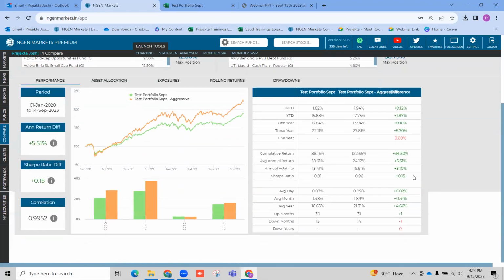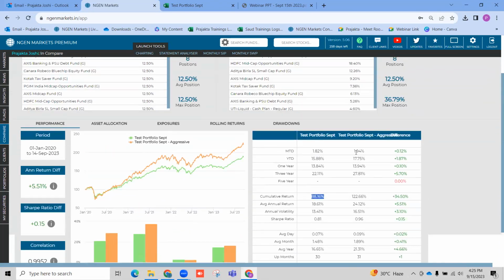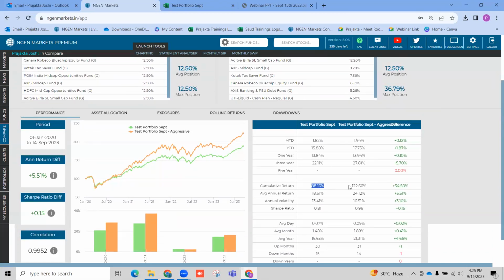So if you want to highlight the original or the cumulative, absolute differential between the two portfolios, that's tabulated right here. Over a 3.5 year period, your equal weighted portfolio would have given you an 88% return. On the other hand, the aggressive portfolio with optimized allocations would have given you a 122% return in this particular 3.5 year period.